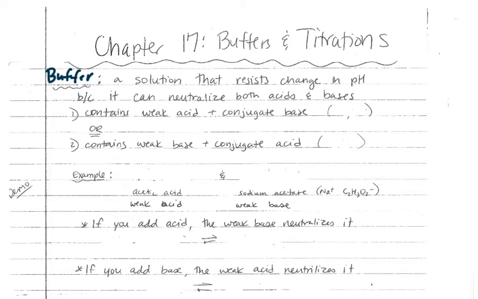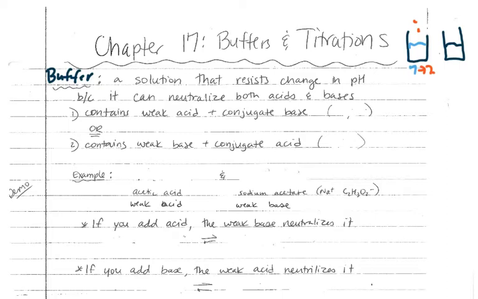In other words, I like to usually do a demonstration in class where I have two beakers, and one contains just pure water, and the other contains a buffer. If you add just 1 or 2 drops of strong acid to the water, it will go from a pH of 7 to a pH of like 2.